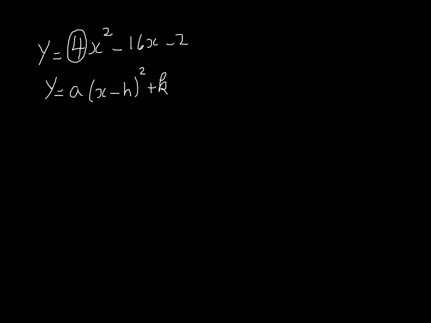If you don't remember what exactly a vertex is, it is the following. When you draw the parabola of the quadratic equation, you will get a graph which looks like one of these graphs. Now, the vertex is either the maximum or the minimum of your graph.